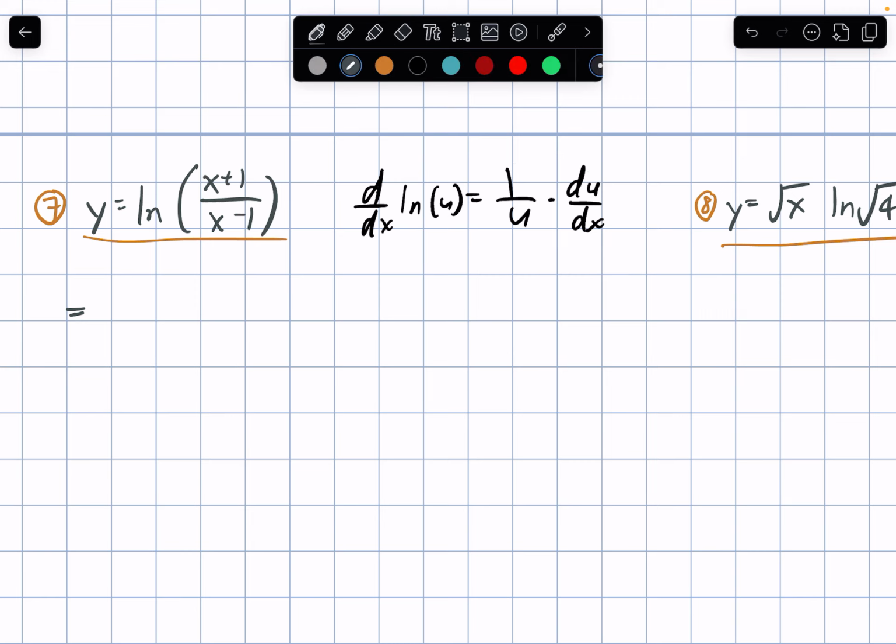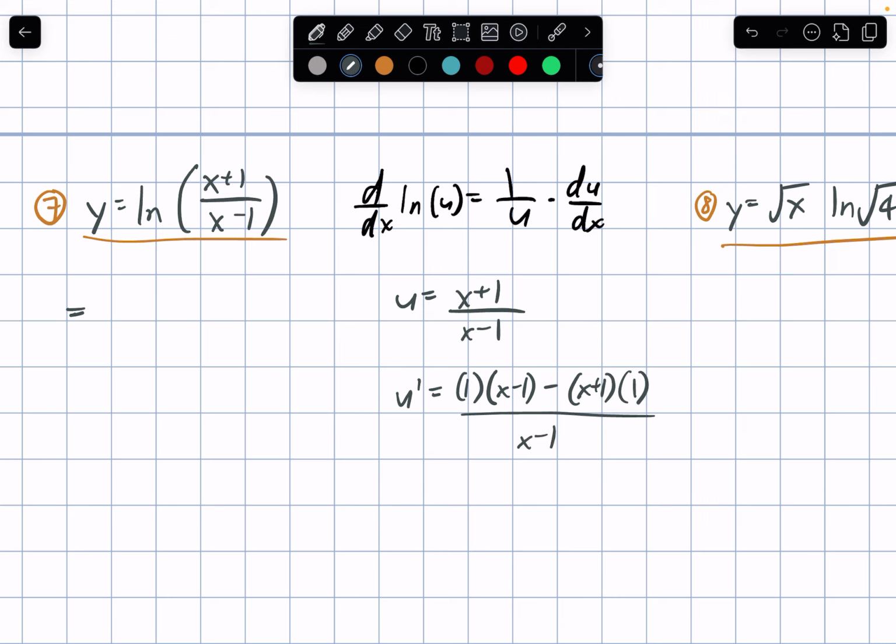So, yeah, wait, let's actually do it now. So, u is equal to x plus 1 over x minus 1. U prime, well, you apply quotient rule. X plus 1's derivative is 1, and then just copy the denominator, minus, copy the numerator, times the derivative of the denominator, which is also 1.